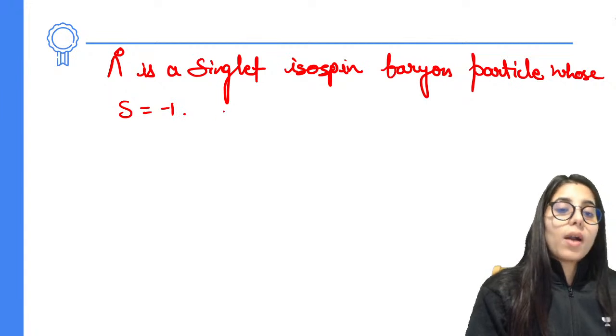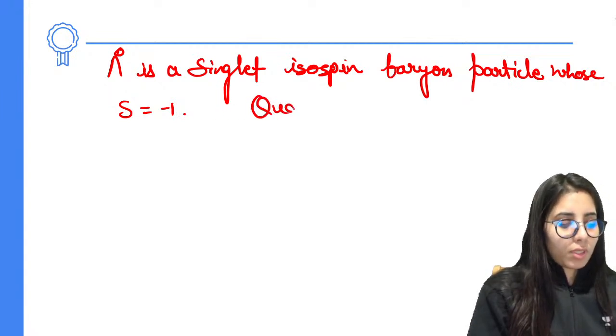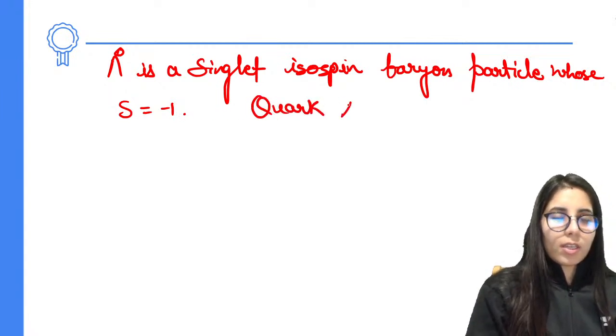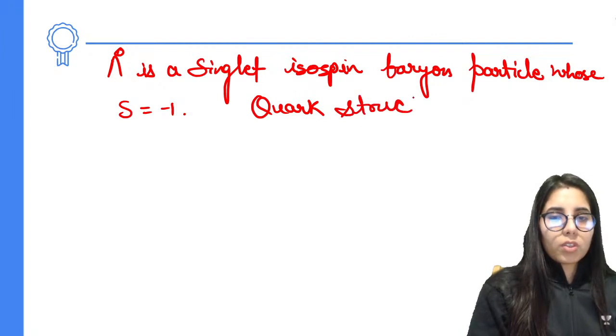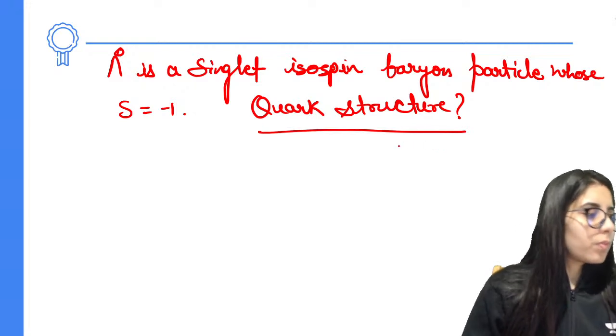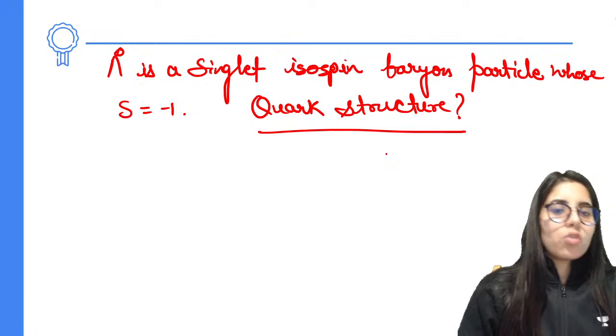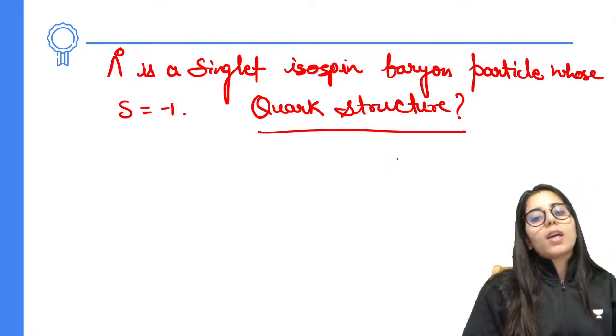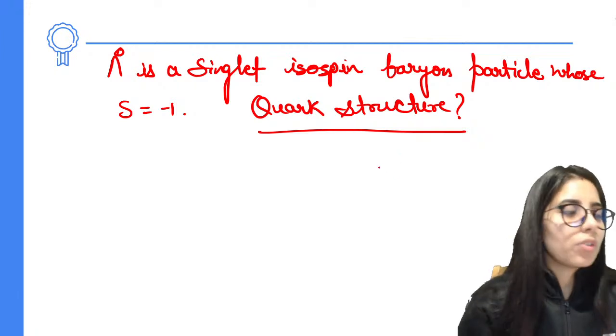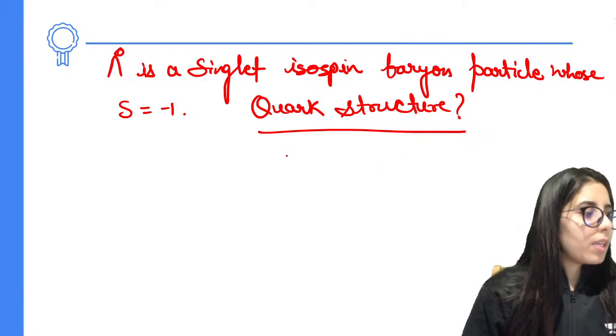What is its quark structure? That's the main question. So is it UUD, UDS, UDD, or USS? Its quark structure options have been given.